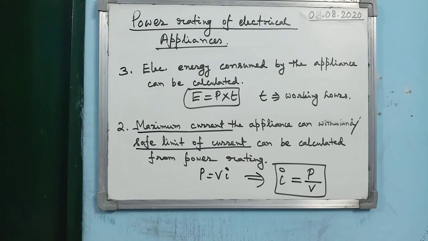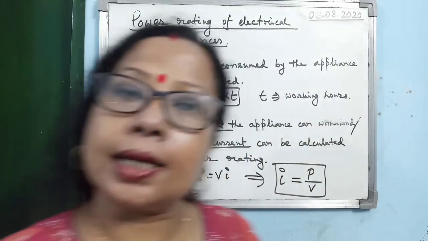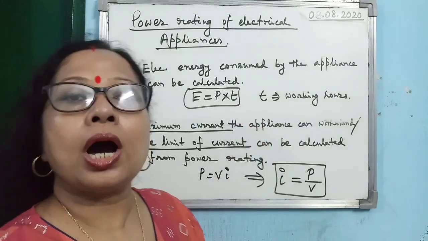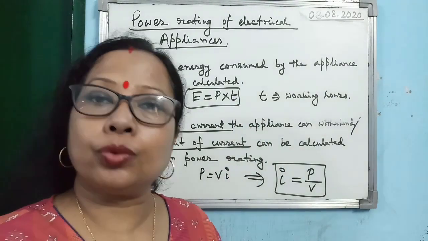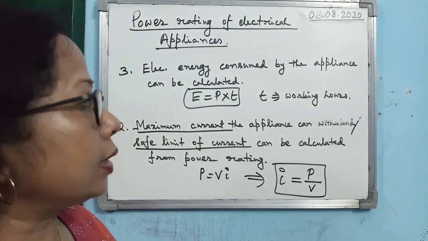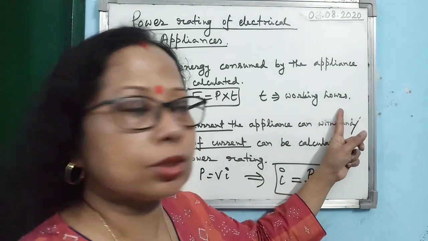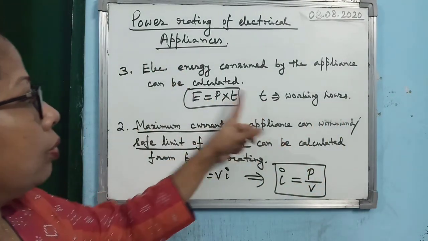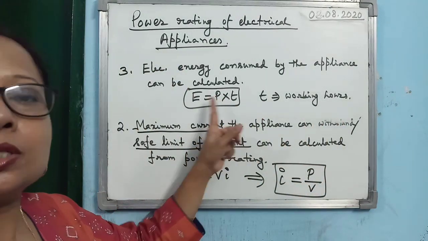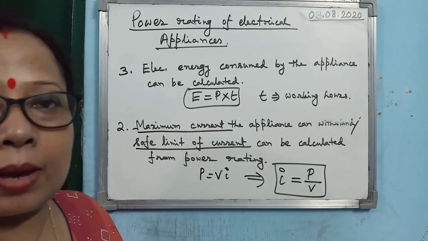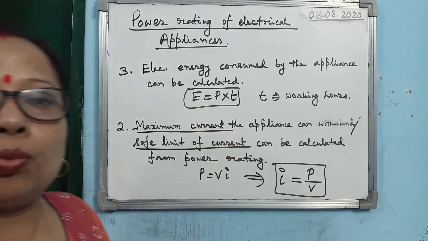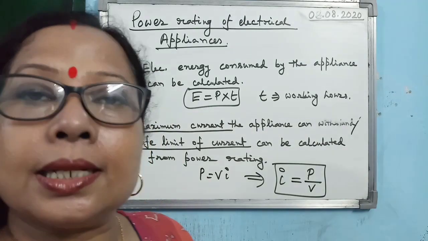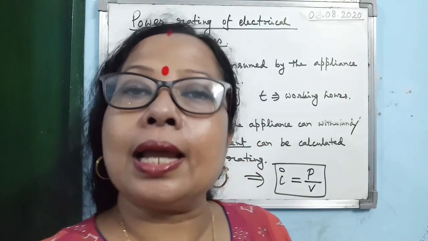Now the third thing you can calculate from the power rating is electrical energy consumed. If you know how long the appliance is working, that is known as the working hours, then if you multiply the working hours with the power written on the appliance, you can find out the energy consumed by that electrical appliance.